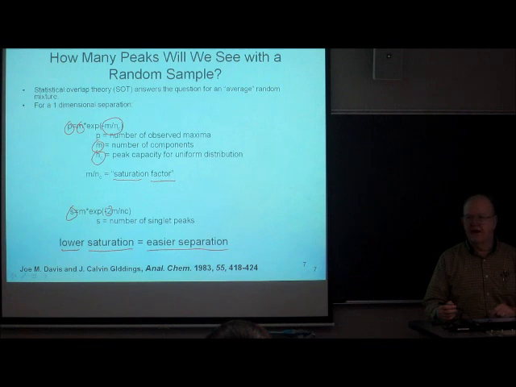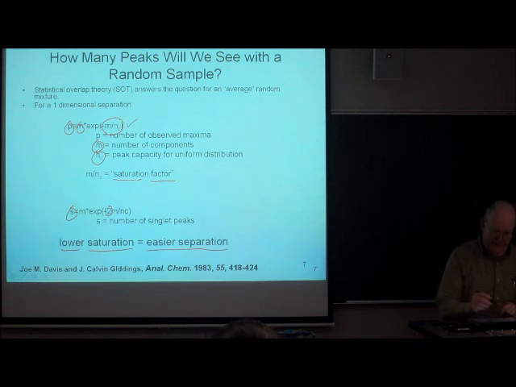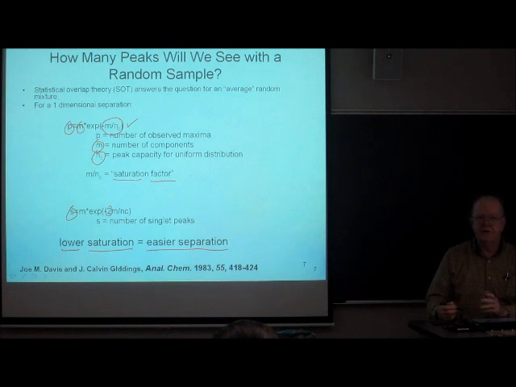The saturation factor would be 2 over 10, 0.2. If you had 4 peaks, that's a tougher separation. And the exponent of this equation is going to be minus 0.4 if you have 10 units of peak capacity.